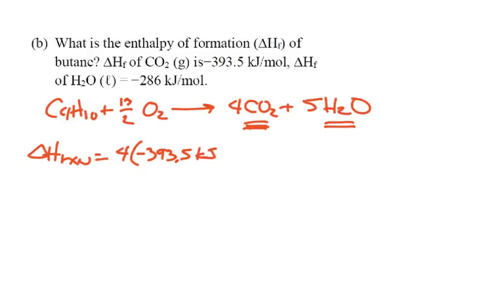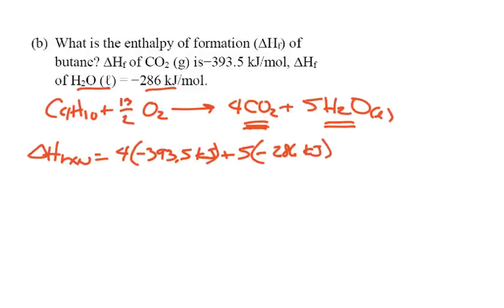That's kilojoules per mole times 4 moles, plus 5 moles times the energy for water. Notice this is the value for water as a liquid, because we're going to return these waters to standard state, which would be a liquid. So 5 times negative 286 kilojoules per mole times 5 moles.